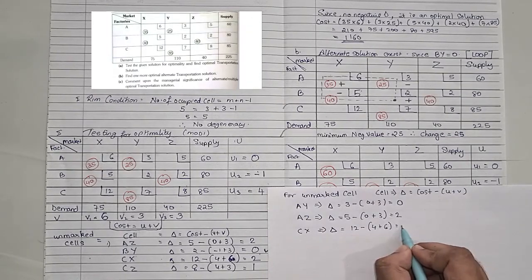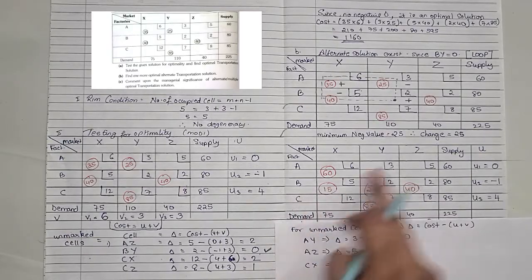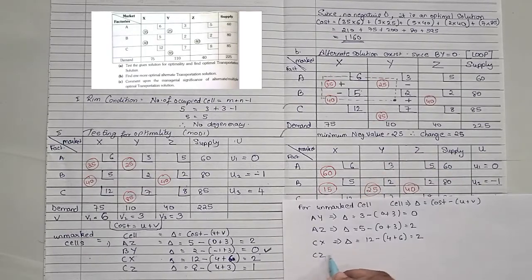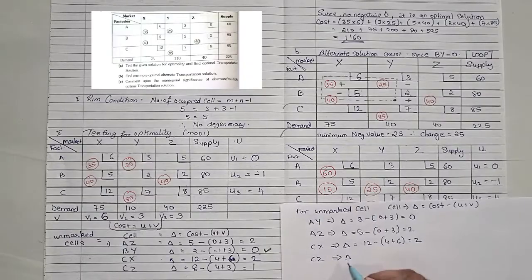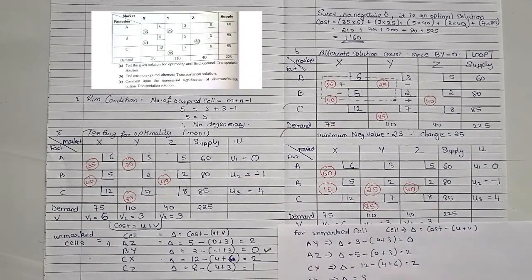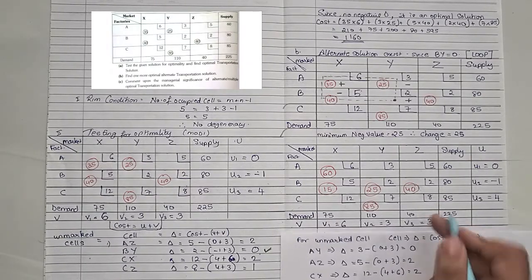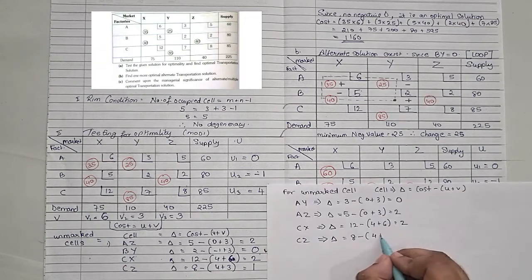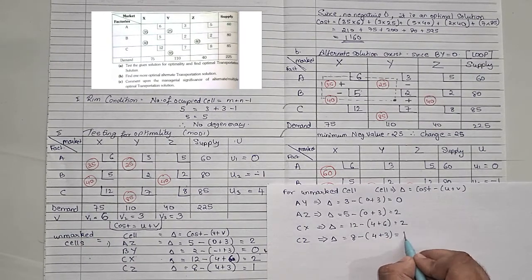So that will be 12 minus 10, so it is 2. Next is CZ. For CZ, change is cost is 8 minus U was 4 and V3 is 3. So 8 minus 7 is 1.